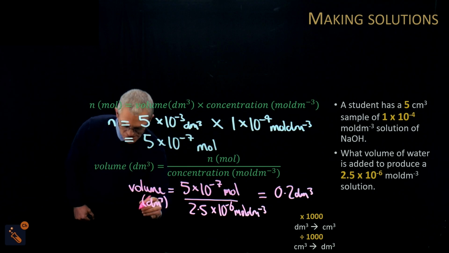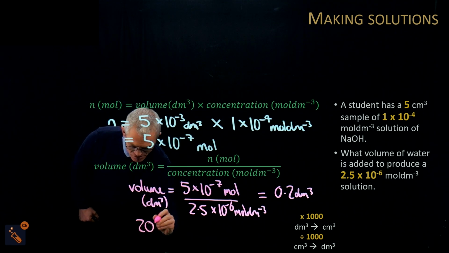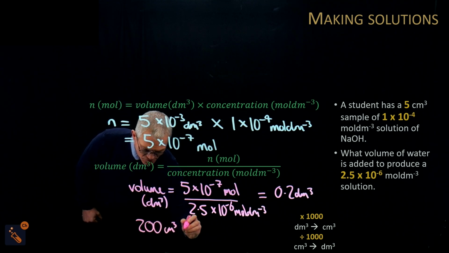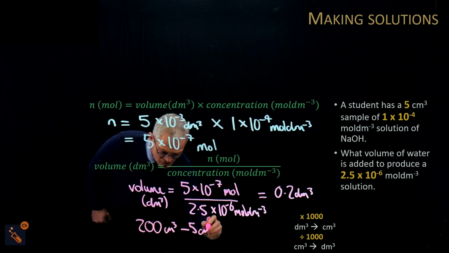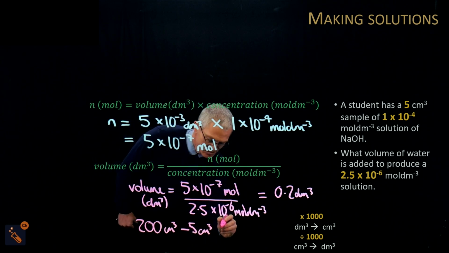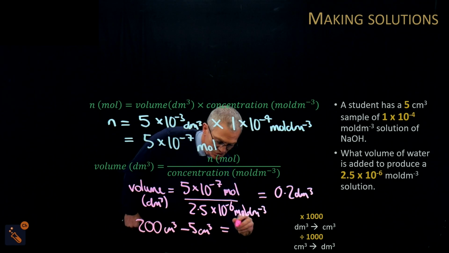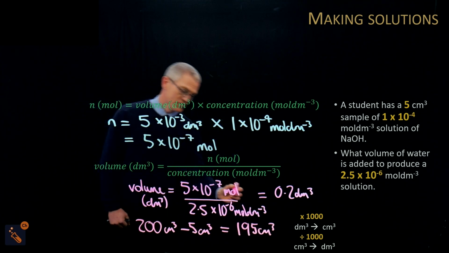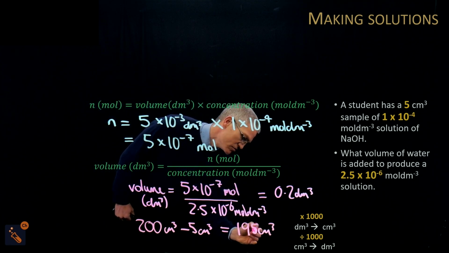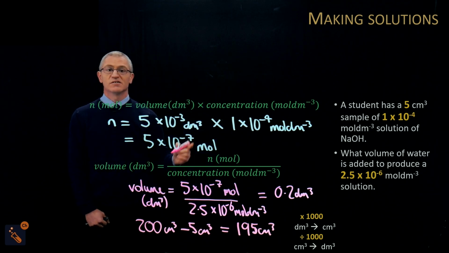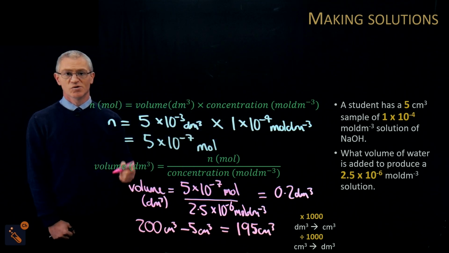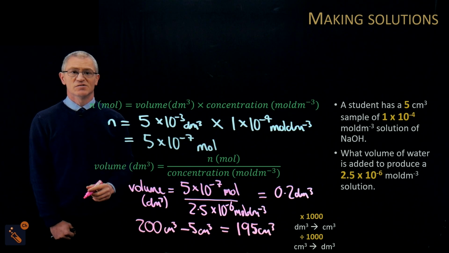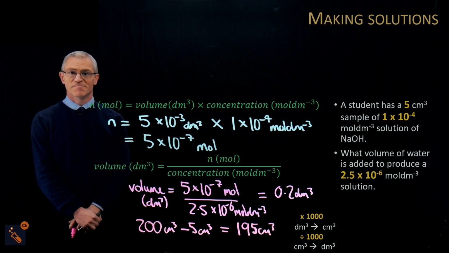That means it's 200 centimeters cubed minus the 5 centimeters cubed we already have. So our final answer is 195 centimeters cubed. So I have to add 195 centimeters cubed to make that solution.